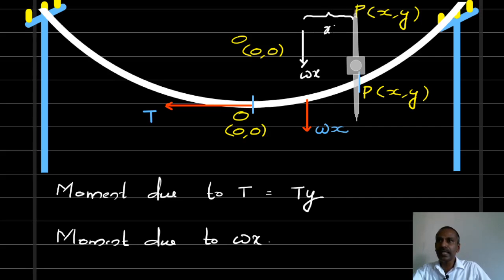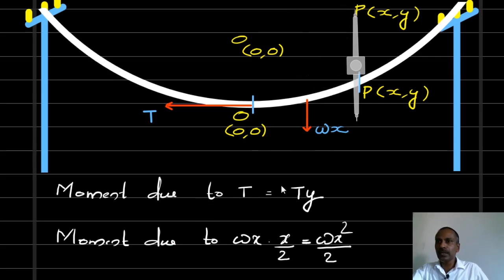This is x by 2, because this distance is x. So half of that distance is x by 2. This is equal to W x square divided by 2. So these are the two moments acting on this portion OP of the conductor.